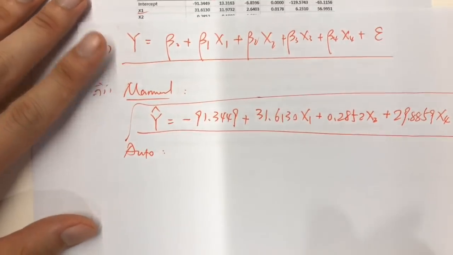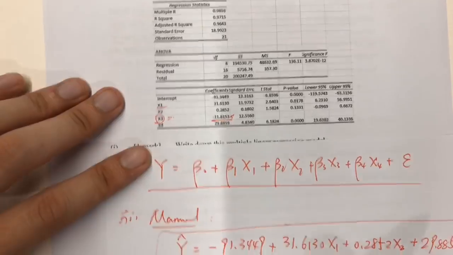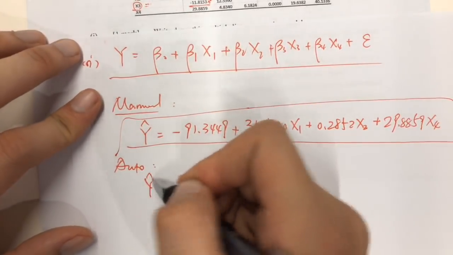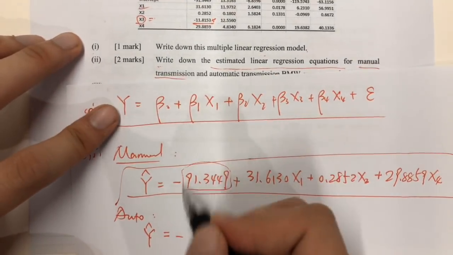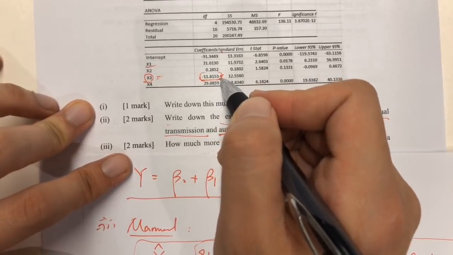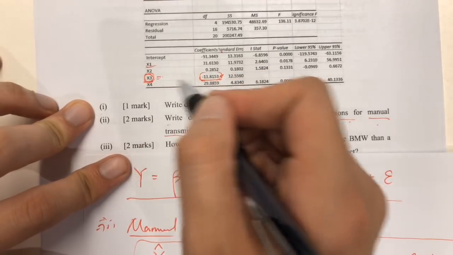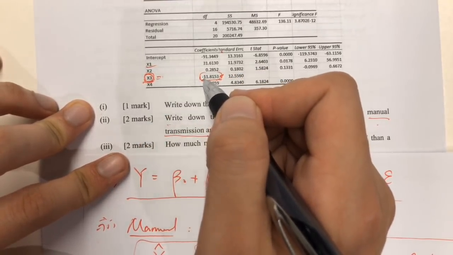Now, the automatic case is when x3 equals 1, right? So for the auto case, again, it's y hat equals minus, so this should be 91.3449 plus this minus 11.8153, because the intercept term will be adjusted by this indicator variable, right?